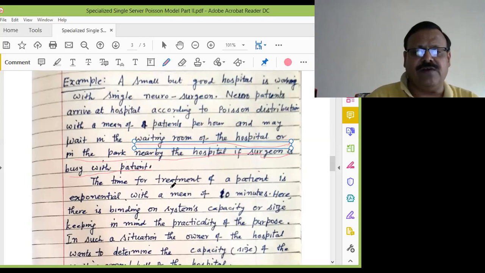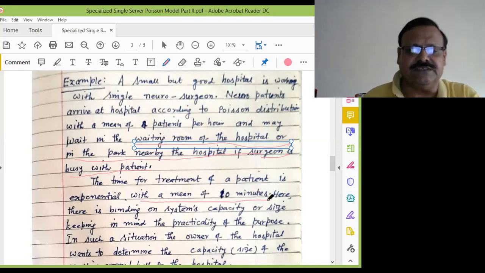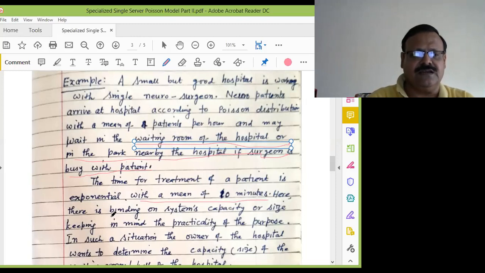The time for treatment of a patient is exponential with a mean of 10 minutes. Means in 10 minutes one patient is treated.